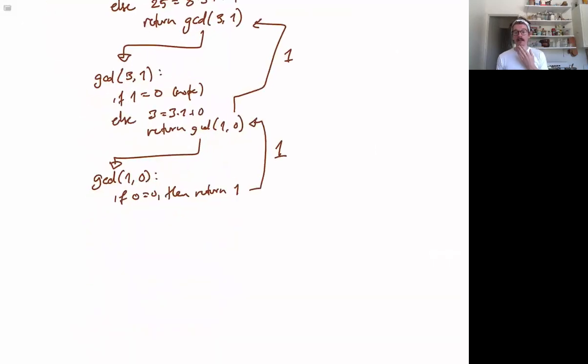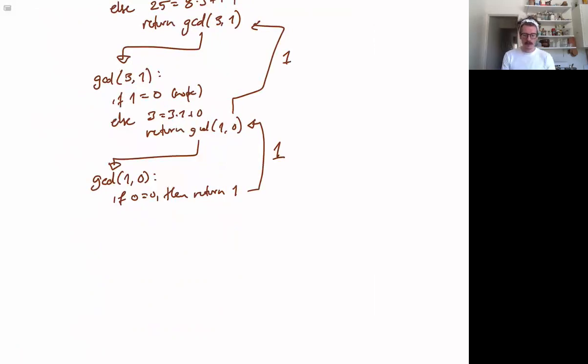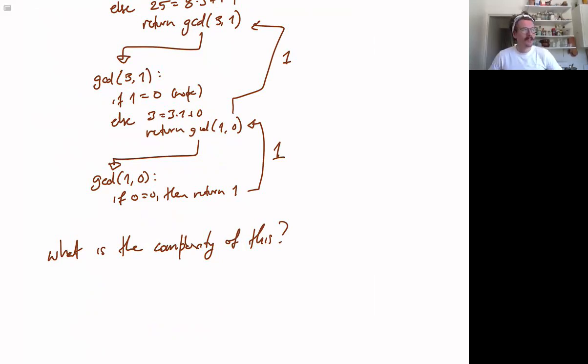So let's ask the same question that we asked for our factorial, which is what is the time complexity of the Euclidean algorithm? Or I'll just call it complexity sometimes. So we're going to need a little bit fancy tricks to figure this out, but you will not be surprised to find out that it has to do with recursion.